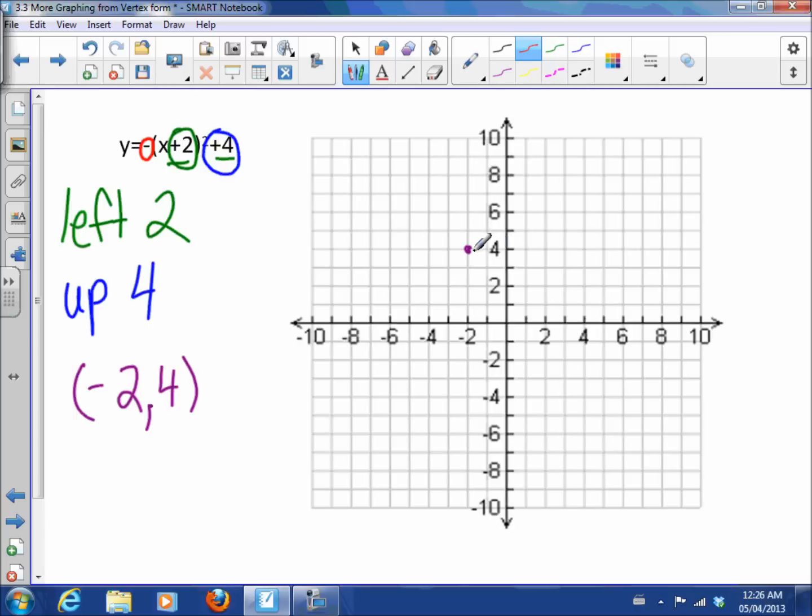So remember, our original step pattern would have gone over 1, up 1, over 1, up 1, and over 2, up 4, over 2, up 4. But now, because of that negative, our graph is actually going to go over 1, down 1, over 1, down 1, over 2, down 4, over 2, down 4.